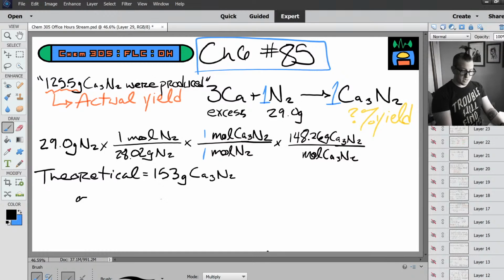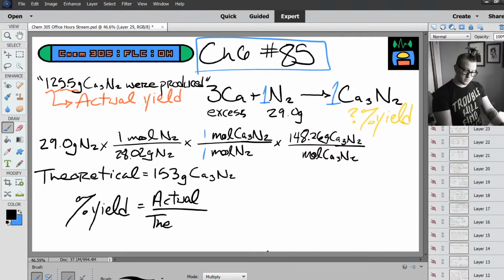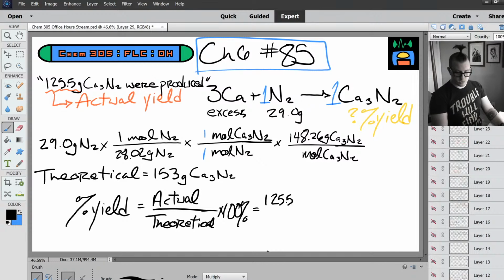All right, so now we calculate our percent yield, which is actual over theoretical times 100. So actual, 125.5 grams divided by theoretical 153 times 100.